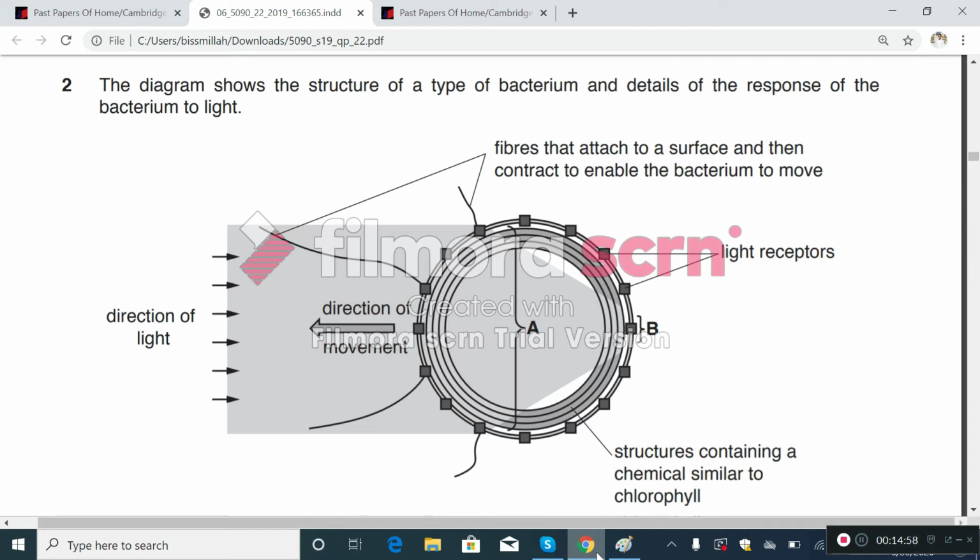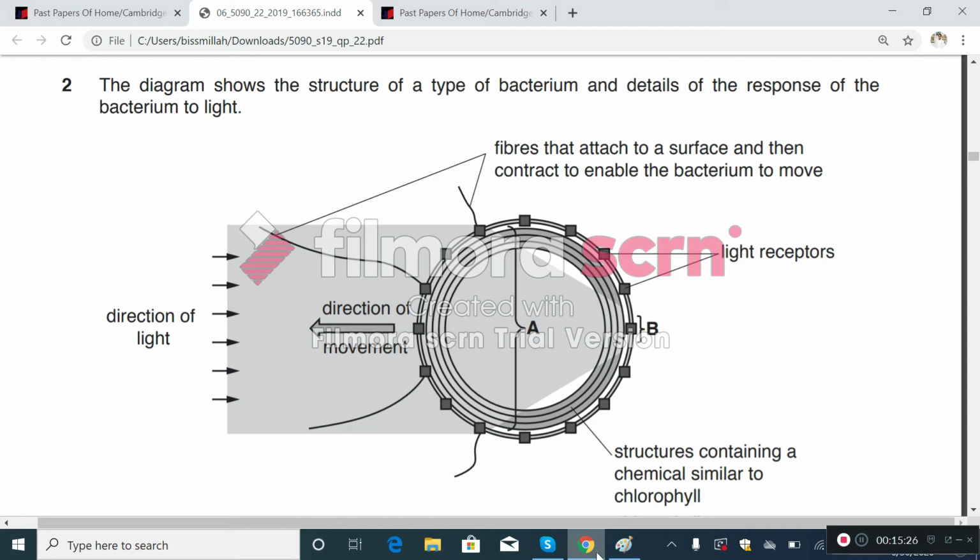Second, fibers that attach to a surface and then contract to enable the bacterium to move. Locomotion. If flagellum have been given there, definitely the animal either is moving towards the light or away from the light. Third, light receptors.